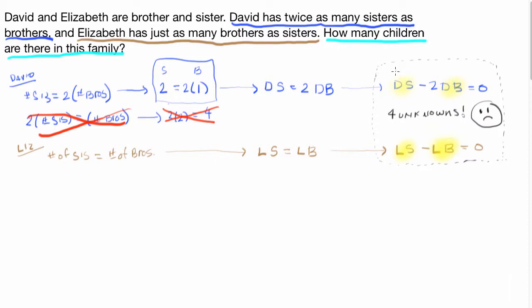Me just handing you everything won't solve it. But anyway, here's the point. In this case, we can reduce them by looking at the fact that sisters are female and brothers are male. This is female and this is male, right?